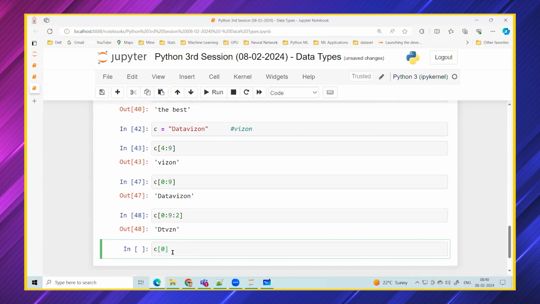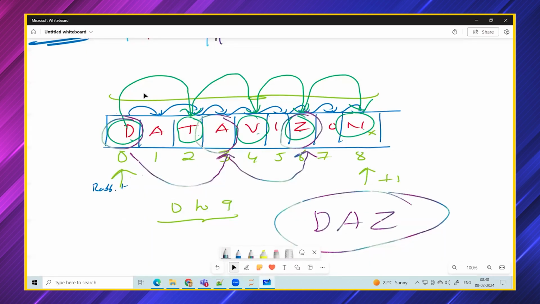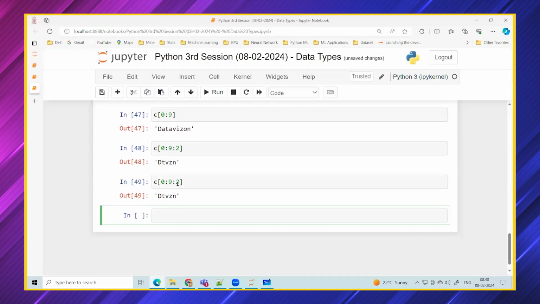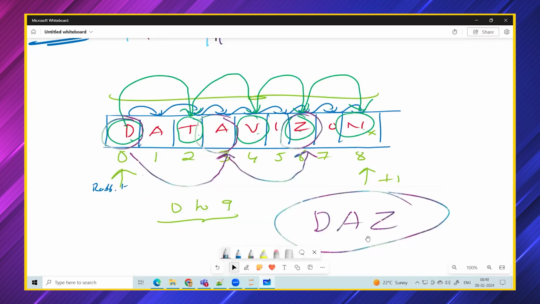If I give 2, it is giving 2 steps. If I give 3, the output is DAZ. Is it clear? Are you all with me?